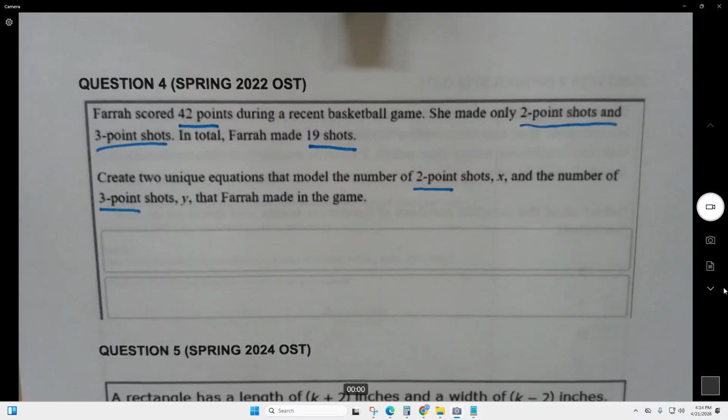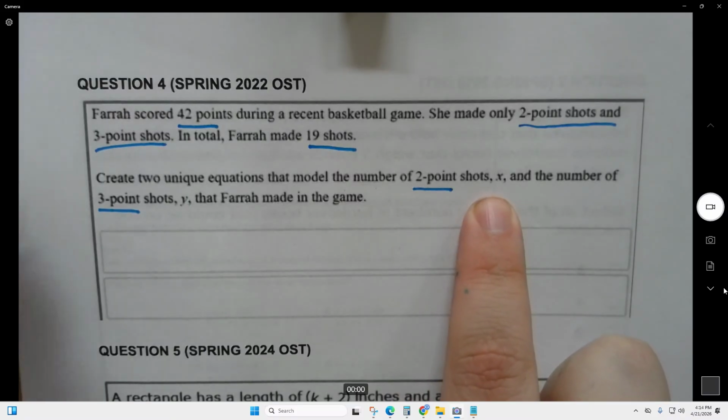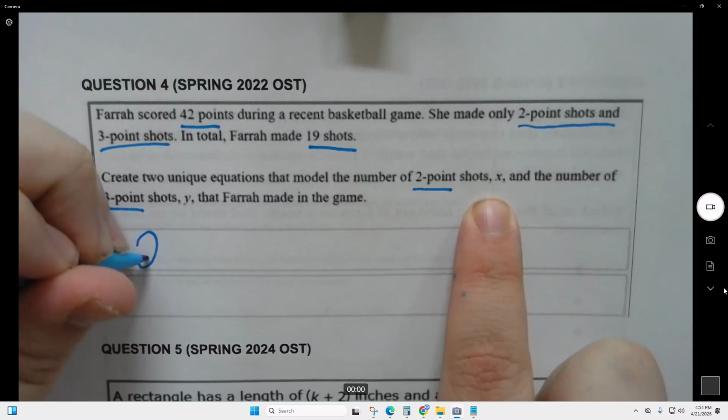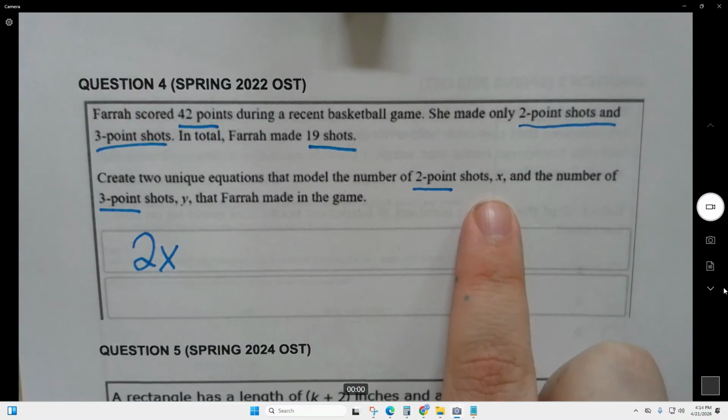So what you have to do, right, is you have to keep the shots with shots and the points with points. How many points are each shot worth? Well, we have 2-point shots. So the amount of points they got for that would be 2 times the number of 2-point shots they made. So 2x, I hope that makes sense.